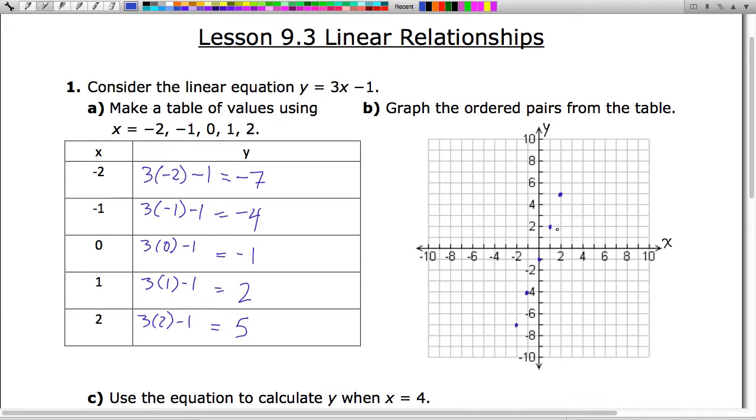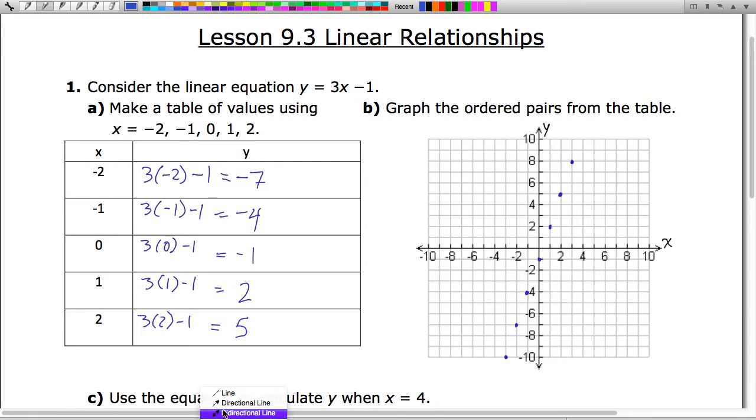Now I'd like to have this extend all the way across the grid. So what I can do is I can extend this pattern of going up 3, right 1, up 3, right 1, to get a few more points. That way I should be able to make this look pretty accurate.